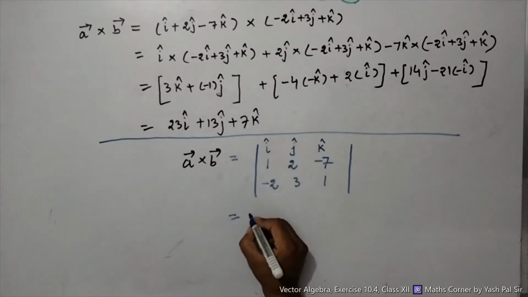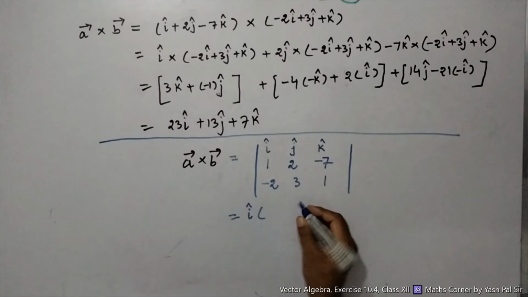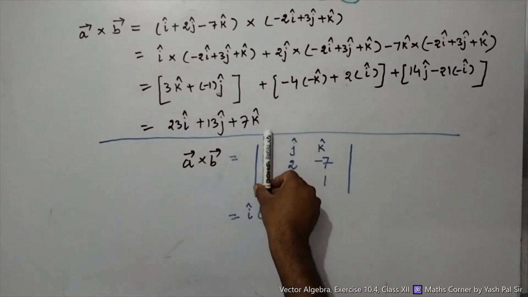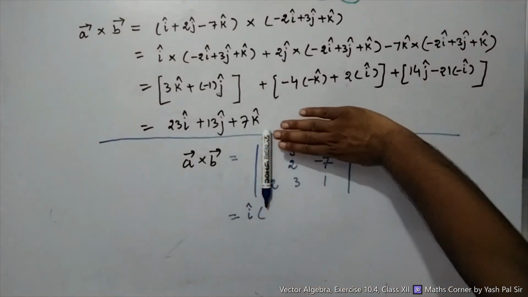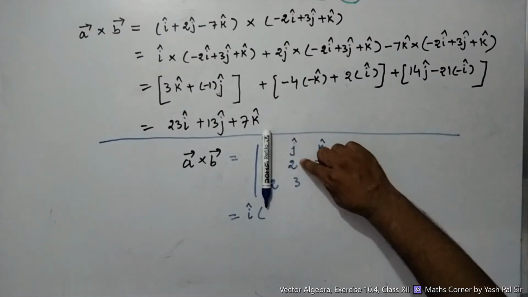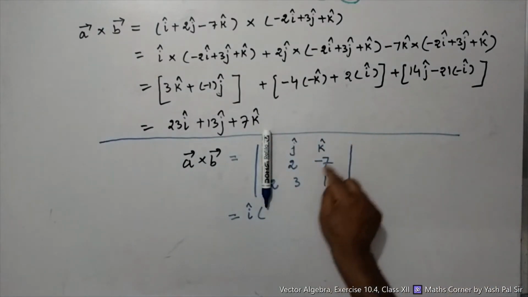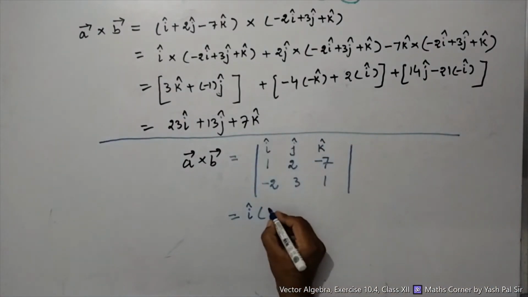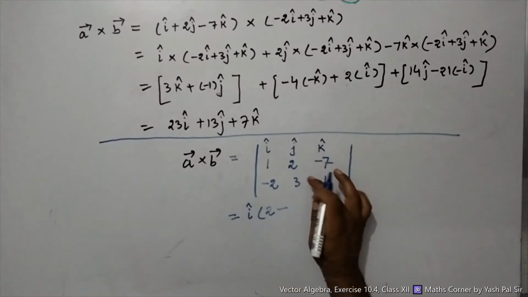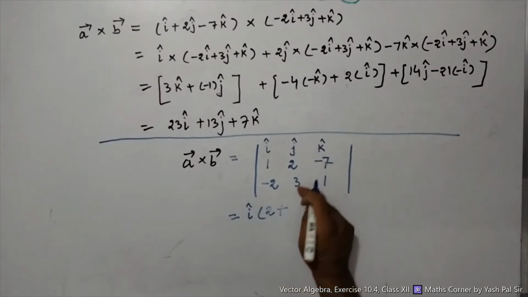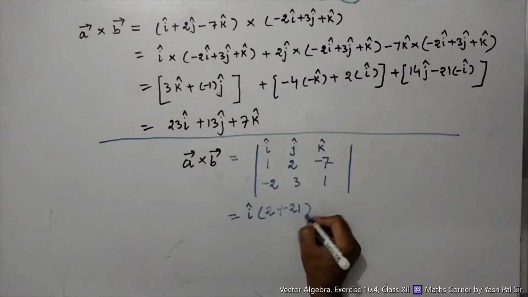So this way, I into, eliminating the corresponding column and row, 2 into 1 minus, plus 7 into 3 is 21.